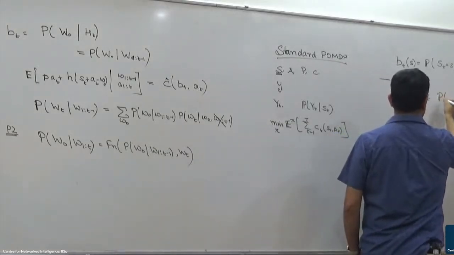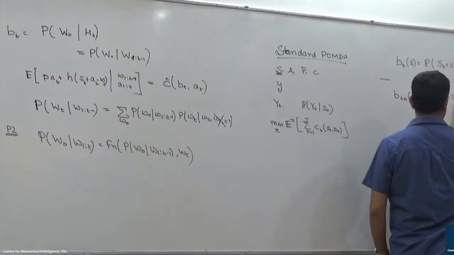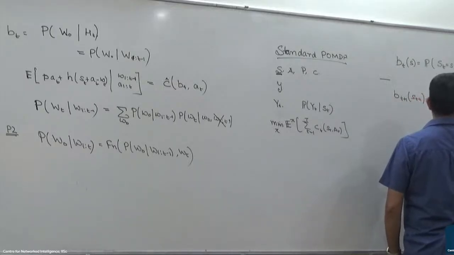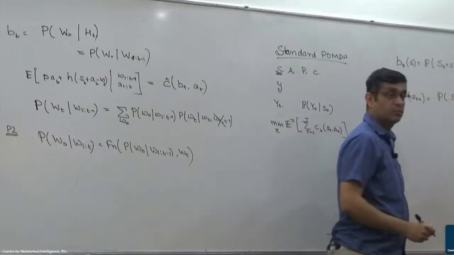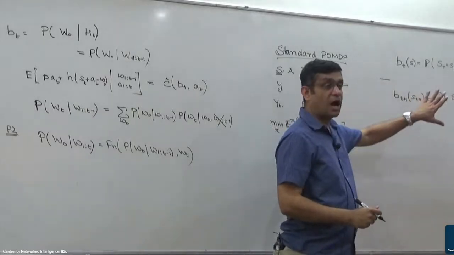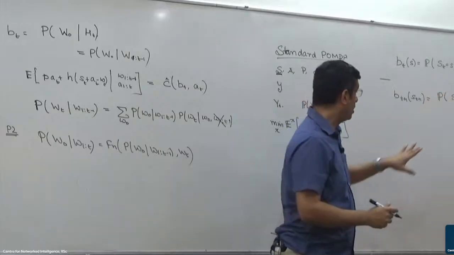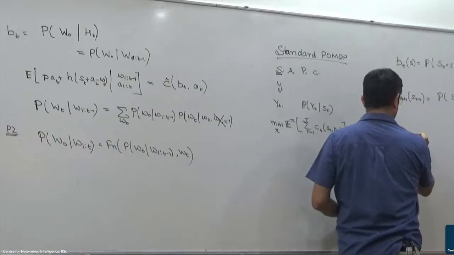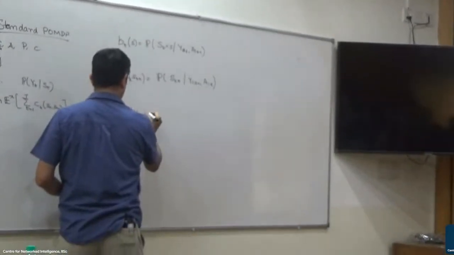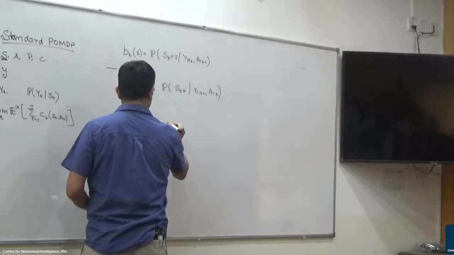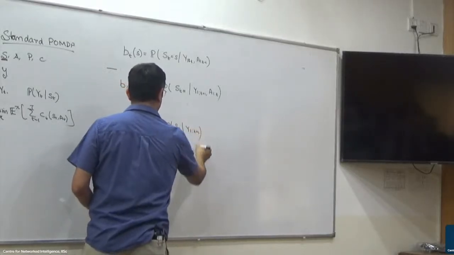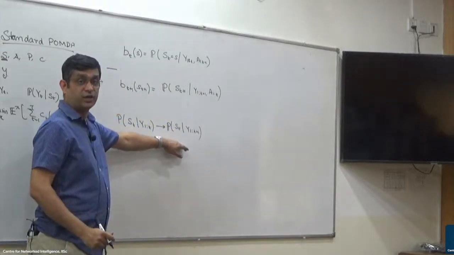Let us think of the probability of st plus 1 conditioned on y1 to t plus 1, a1 to t. If the action part was not there, I can go from the probability of st conditioned on y1 to t to the probability of st given y1 to t plus 1 using nonlinear filtering equations.